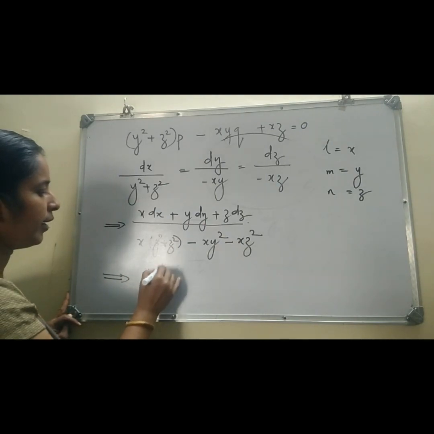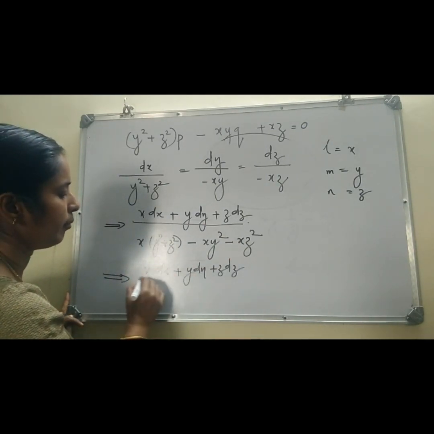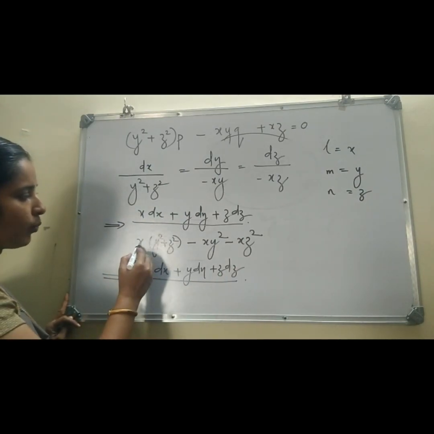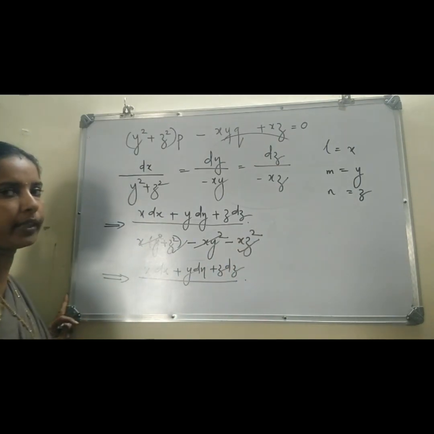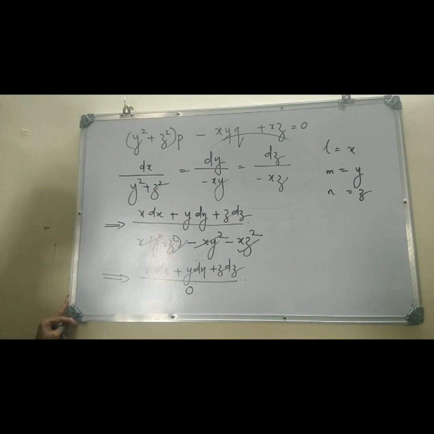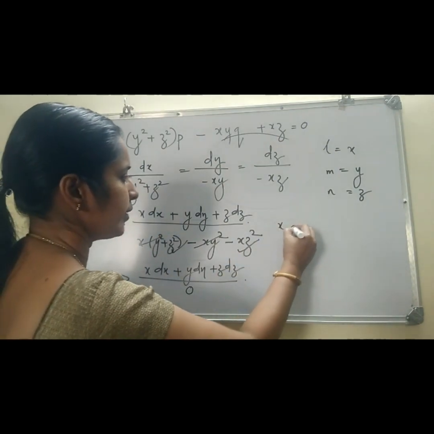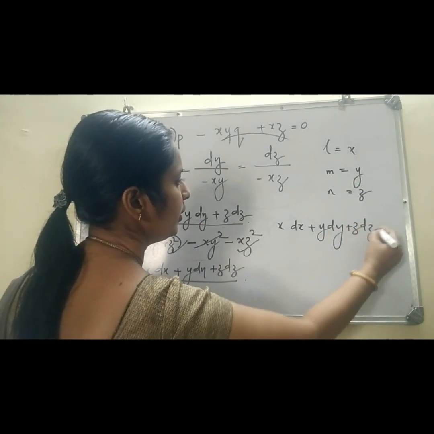This implies x dx plus y dy plus z dz by, see, xy square will cancel with this one and xz square cancels with the minus xz square. So you can see the denominator is 0. So you can consider x dx plus y dy plus z dz equal to 0.